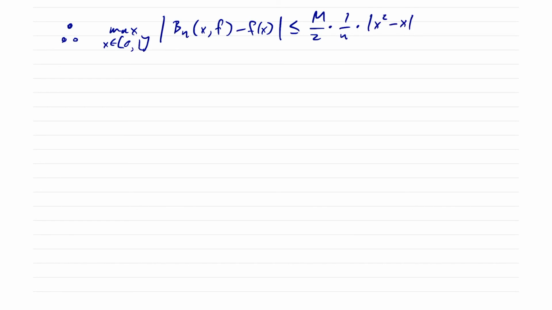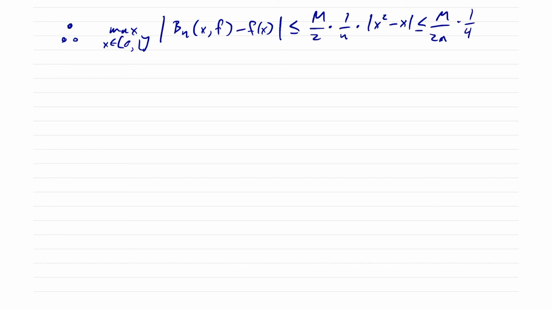X squared minus x is x times 1 minus x in absolute value, and this quantity here is bounded by a quarter. So this is less than or equal to M over 2n times 1/4.